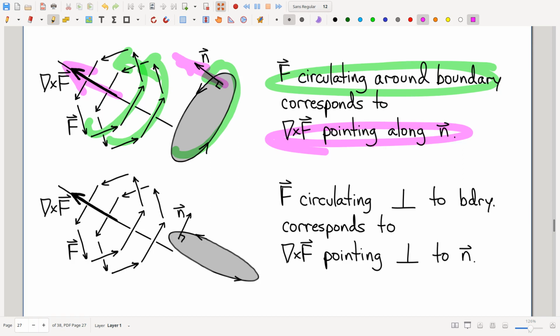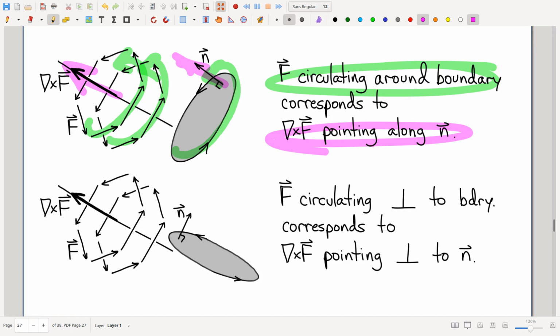So when the circulation lines up with the boundary that it's circulating around, then the curl lines up with the normal vector for that piece of surface. And so this dot product, curl dot n, large dot product corresponds to a large circulation. That doesn't prove anything, but that, I think, is at least satisfying that yeah, it should have worked out that way.